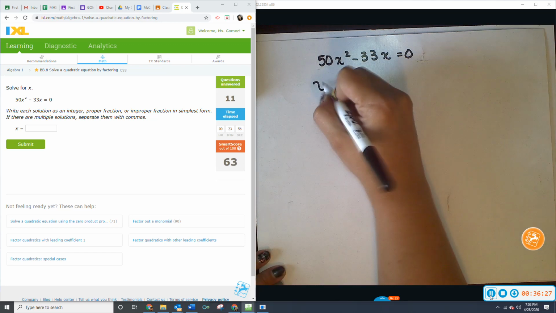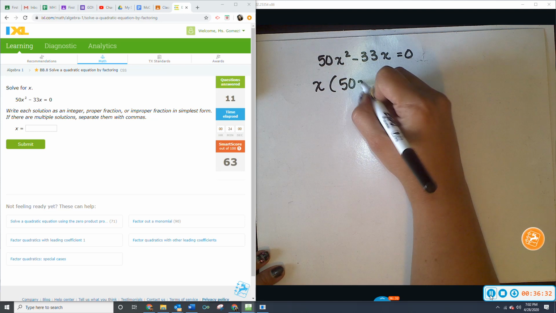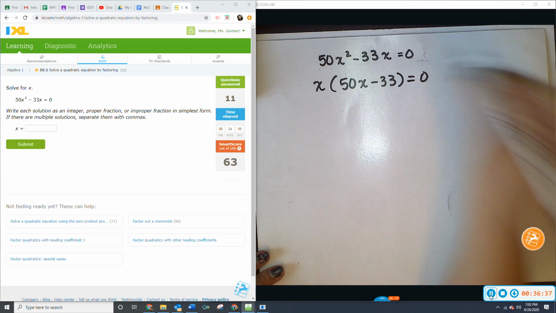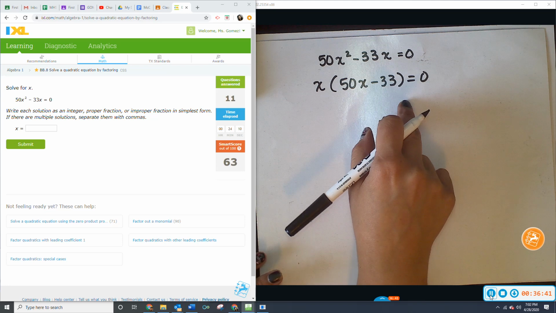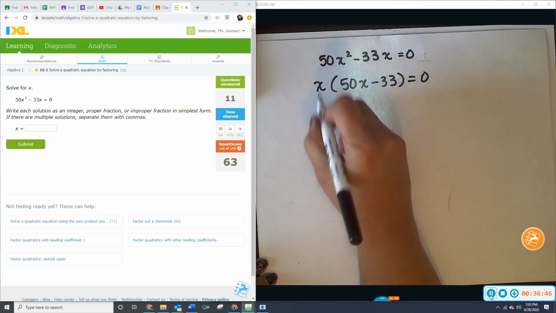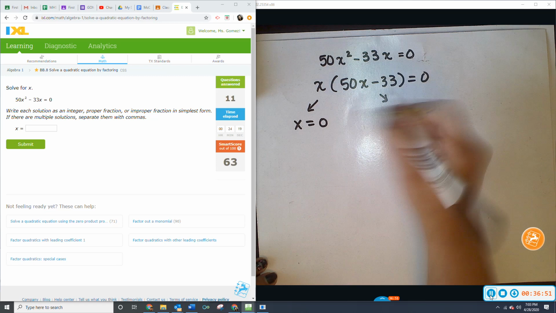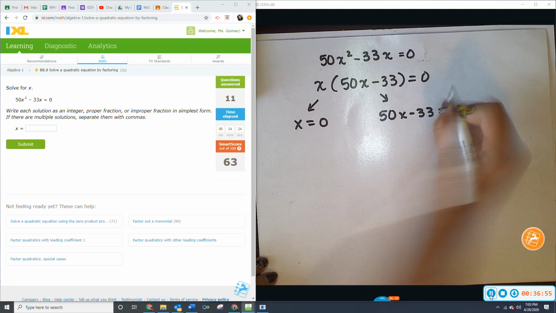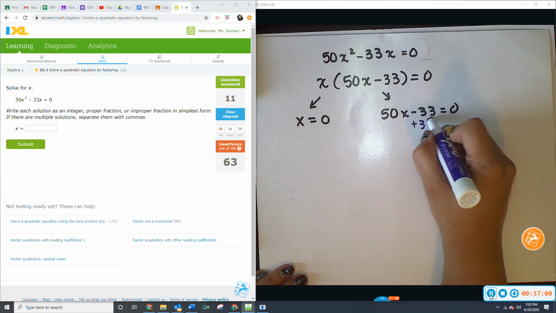So that leaves me with x times 50x minus 33 is equal to 0. Now, taking a look at 50x minus 33, this does not have a GCF, nor does it fall into a difference of squares. So, let's just begin to solve. This one is easy. x is equal to 0, and then 50x minus 33 is equal to 0. Always remove your constant first by adding 33.